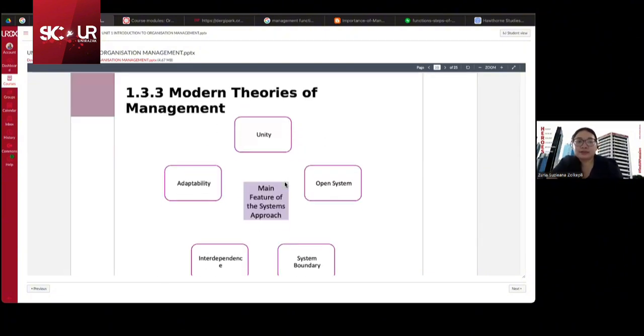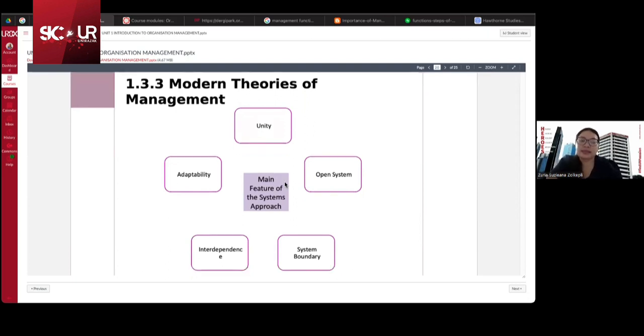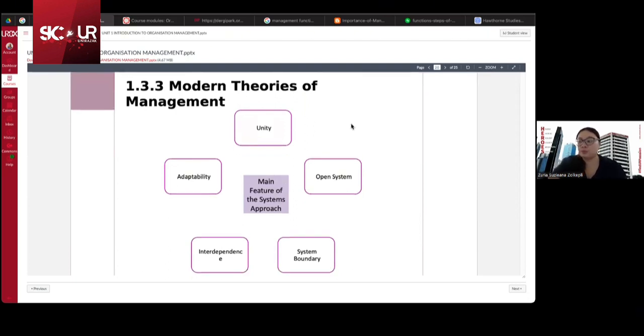Other than that, for modern management, theories of management, this is when companies started to use quantitative data instead of qualitative. We started to measure things quantitatively.